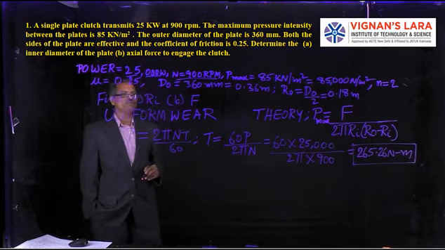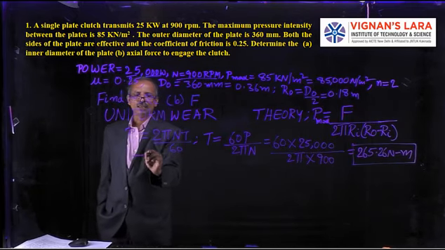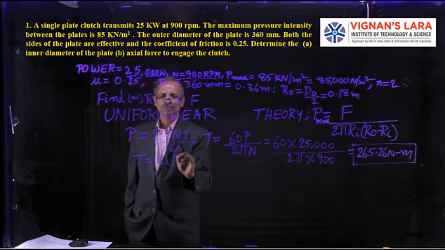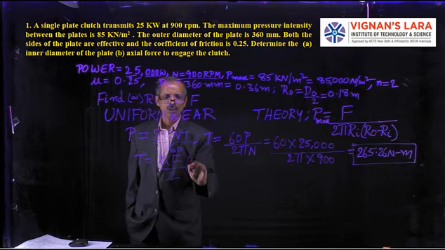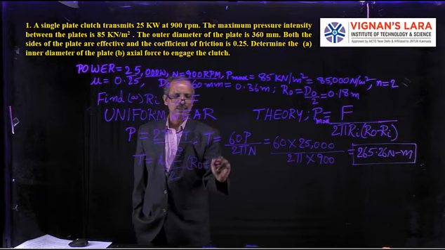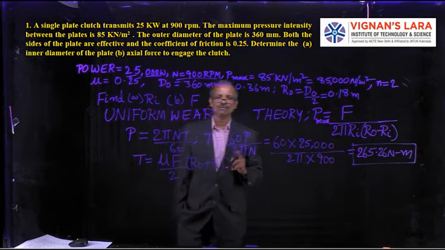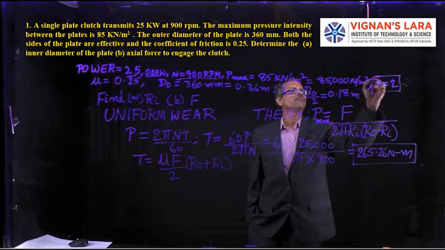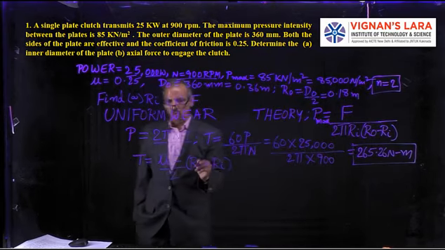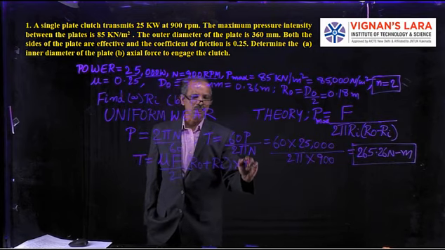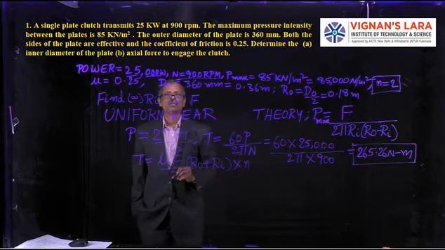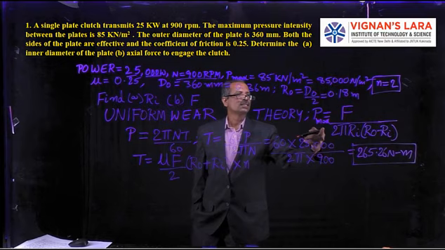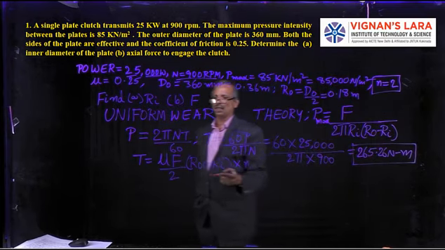According to uniform wear theory, the torque equation we know is T equals mu F by 2 into R naught plus Ri, if only one surface is acting. In our case, the number of active surfaces is 2, so this is multiplied by N, where N becomes 2. In place of F, you can write P max 2 pi Ri into R naught minus Ri.